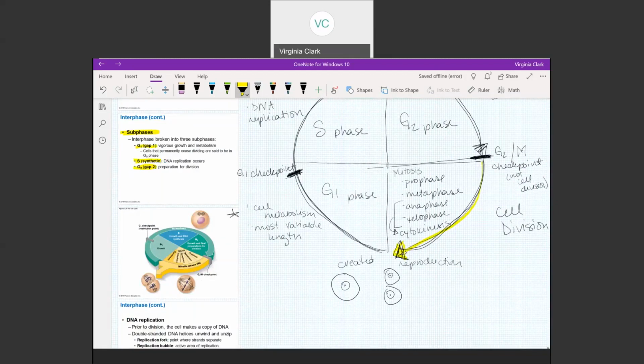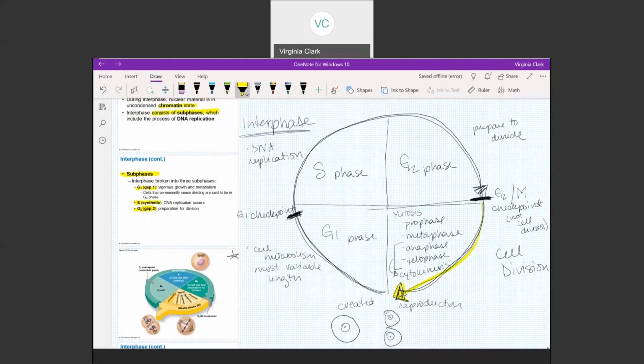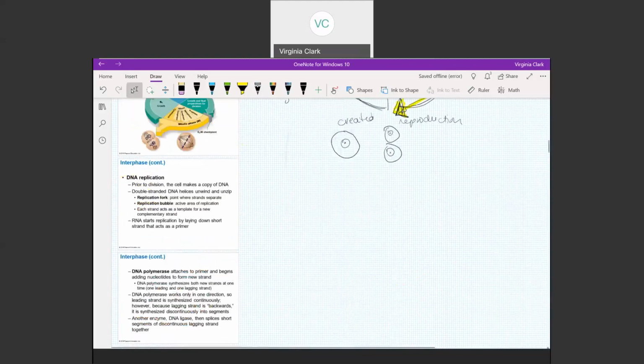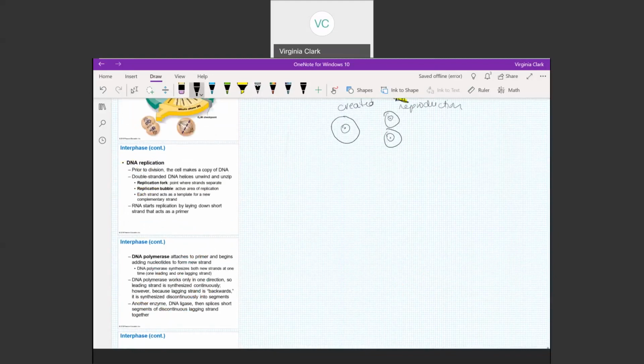So now we're going to jump and do DNA replication. I like to do these a little out of order of the slides, so please bear with me, but I think it makes the most sense to do everything topic by topic. So DNA replication. When we're talking about DNA replication, the goal is to copy the actual DNA, making it exactly the same as it is.